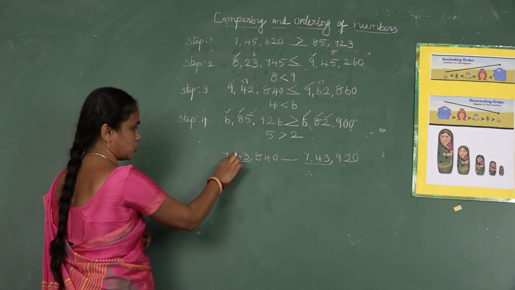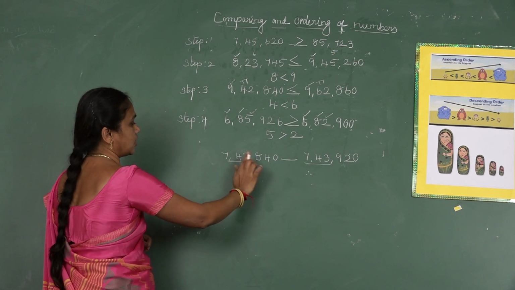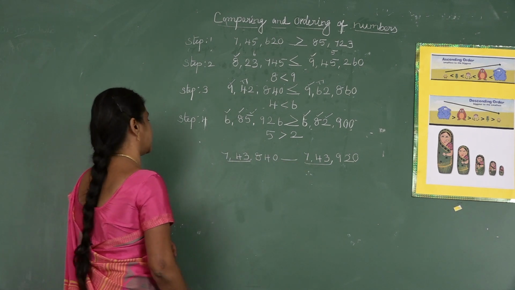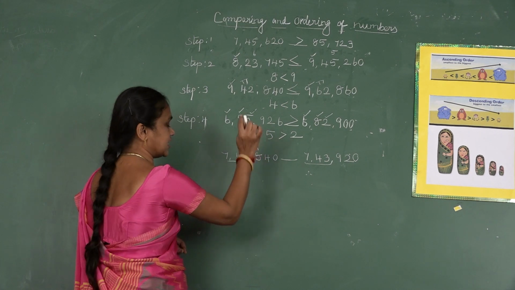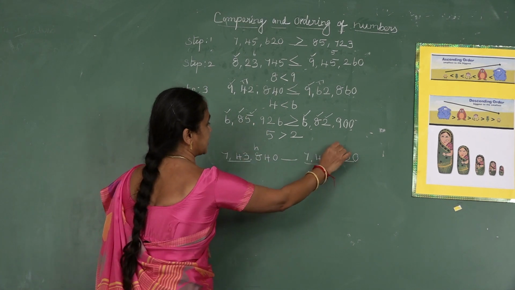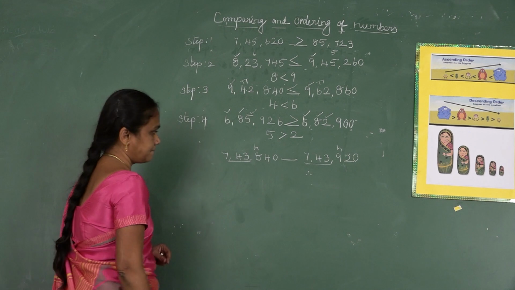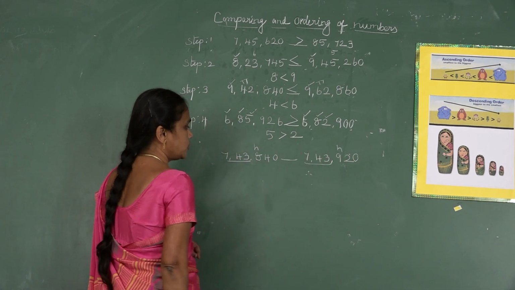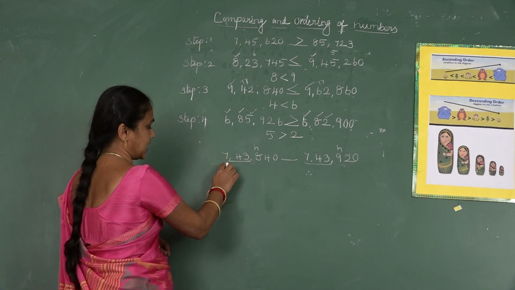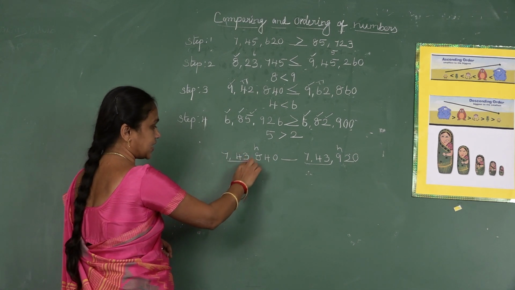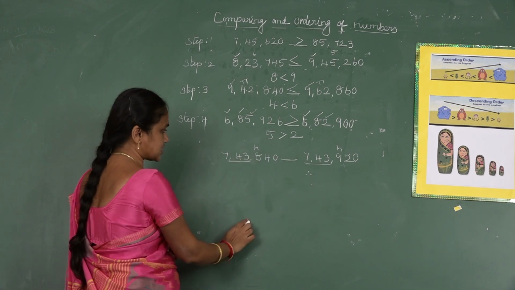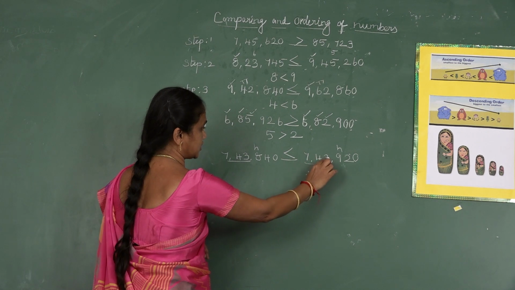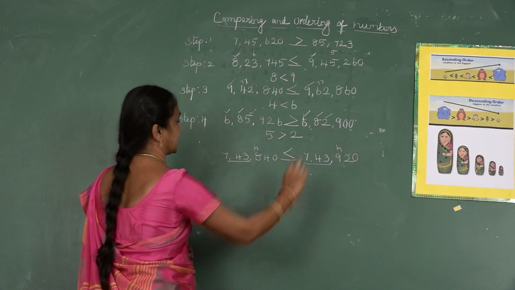Lakhs, 10,000s, 1,000 digits are equal in these two numbers. So we compare 100 digits. In the 100 place, here 8. In 100 place, here 9. The 8 is less than 9. So 7,43,840 is less than 7,43,920.